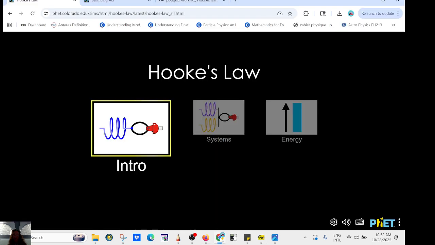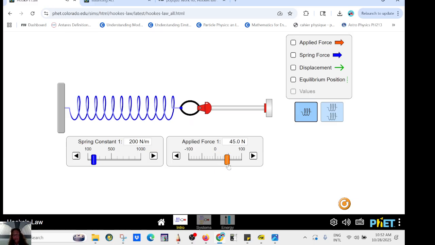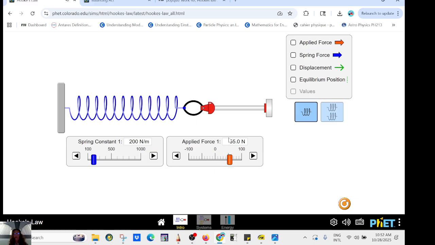So let's go back to here. Hooke's law says that if you apply a force here, I'm going to apply a force of 50 newtons. Now you have a restoring force, right? The spring here is not happy to be stretched.